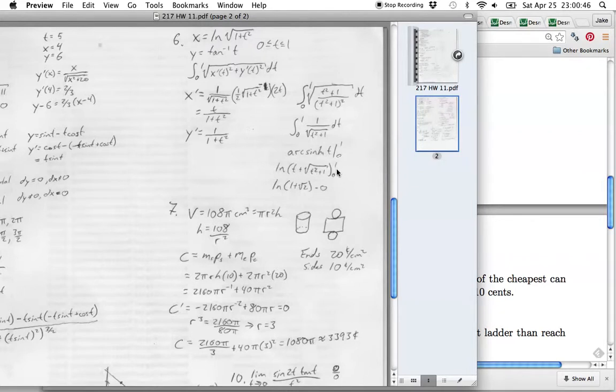When we put those bits in, if I put in 0, we get 0 plus the square root of 1, so that's 1, and the natural log of 1 is 0. And then with the 1, we get 1 plus the square root of 2. So our length is the natural log of 1 plus the square root of 2.